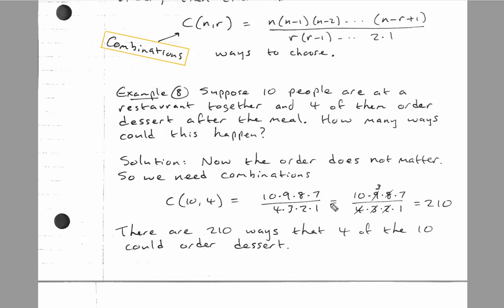You could multiply out these numbers, but much better to cancel. So we really have an 8 on the bottom, 4 times 2, and cancel the 3 out of the 9. Okay, so that's what I'm doing here. We're left with 1 on the bottom and 10 times 3 times 7 on top, so 210. So for these combinations, you work them out by canceling.